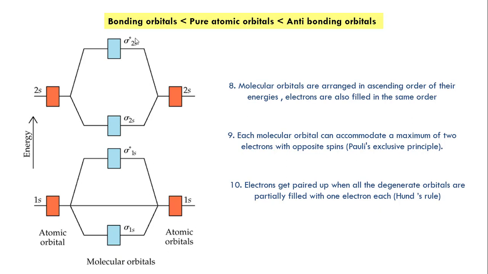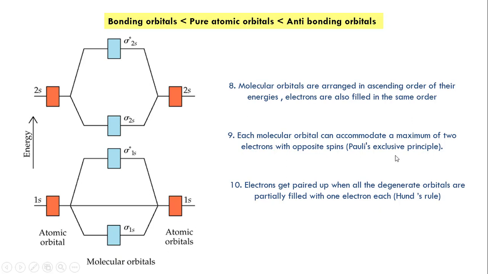So how the electronic configuration in the molecular orbitals should be written: the molecular orbitals are arranged in ascending order of their energies. Ascending order means what? Lower energy level to the higher energy level. So from the lower level to the higher energy level we have to fill the electrons. And the next point is each molecular orbital can accommodate a maximum of two electrons with opposite spins as per Pauli's exclusion principle.